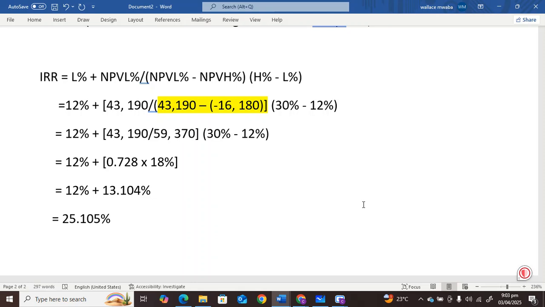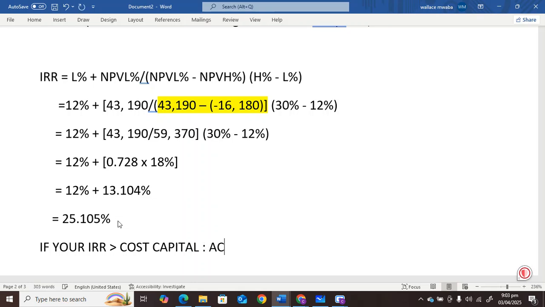So this is how we make our decision. Because basically what this is telling us is this is the return from our investment, 25%. So if your IRR is greater than the cost of capital, meaning your return is greater than the cost of borrowing for this project, then you accept.